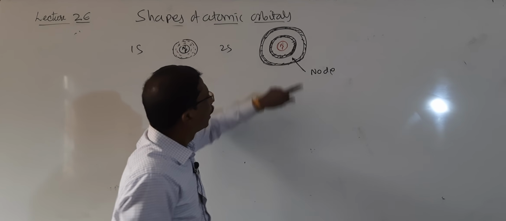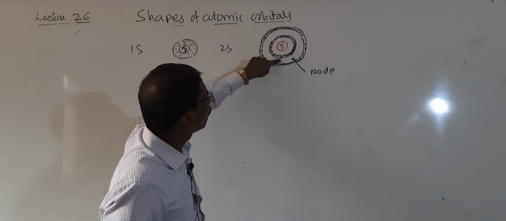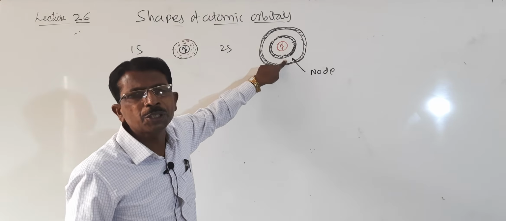This empty portion is called a node, where the probability density of the electron is 0.